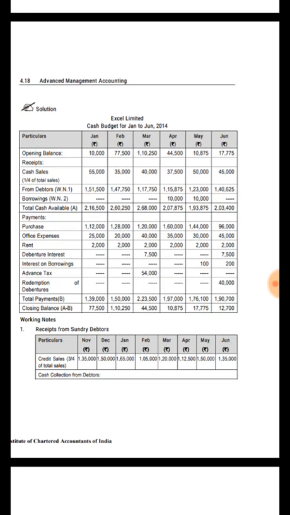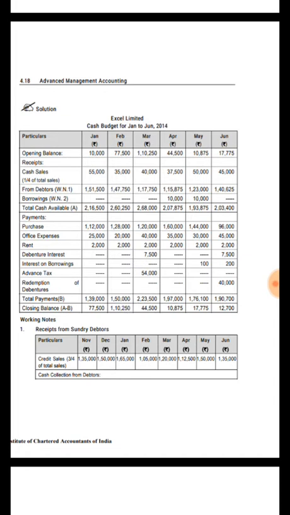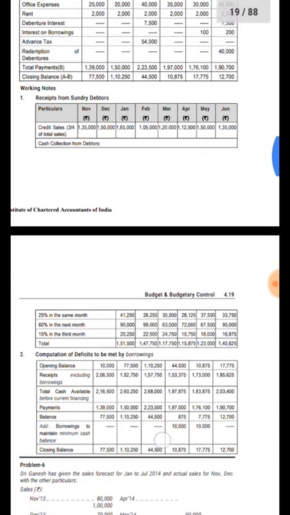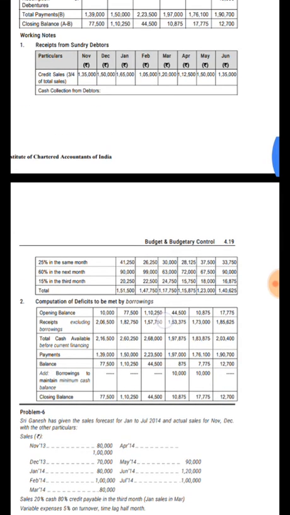So what we will do: this is the total payments. Purchases, office expenses, rent, total 1,39,000. Total cash available is 2,16,500. Payment is 1,39,000. The closing balance is 77,500. Here also we'll keep updating. Opening was 10,000.